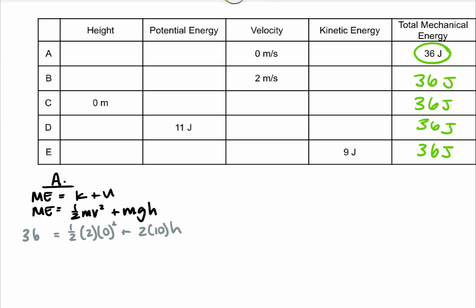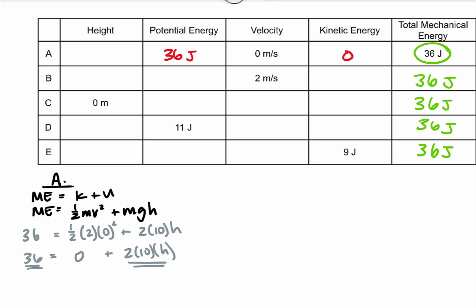And so by plugging numbers in, what I see right away is that I have 0 joules of kinetic energy, which means all 36 joules of that total energy are equal to the potential energy. So my potential energy is 36 joules. My kinetic energy is 0. I know that based on those numbers.